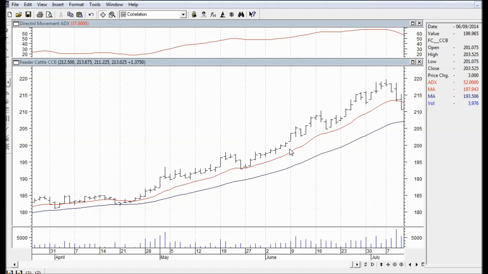So if we don't actually have a position already in this market, maybe we want to just try and hop on board for a short-term move. Larry Connors came up with the idea a number of years ago of possibly buying a breakout above the 15-minute price range, the first 15 minutes of the trading session, and then jumping on board in that regard.